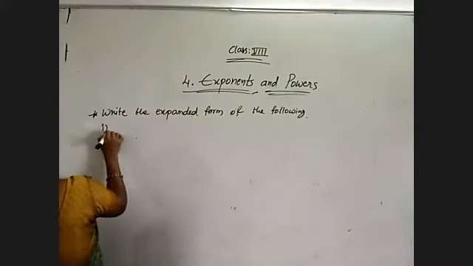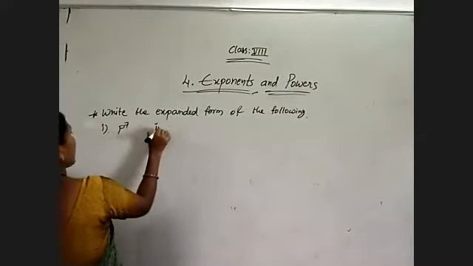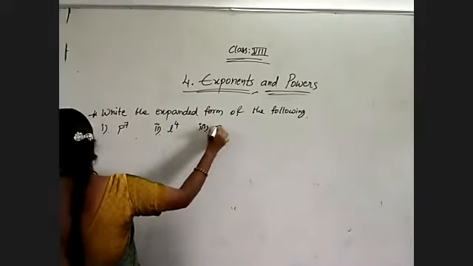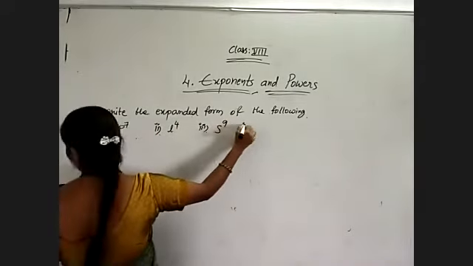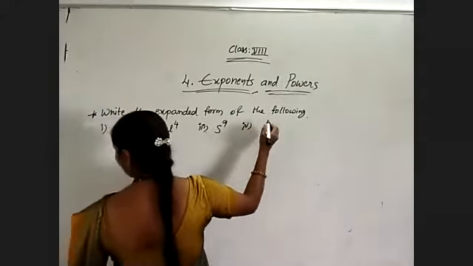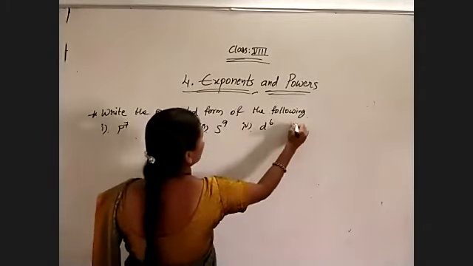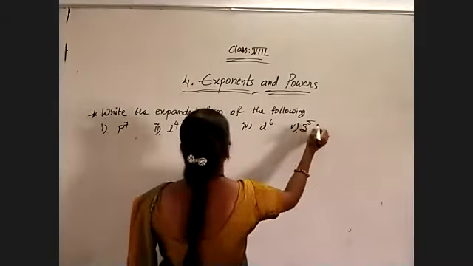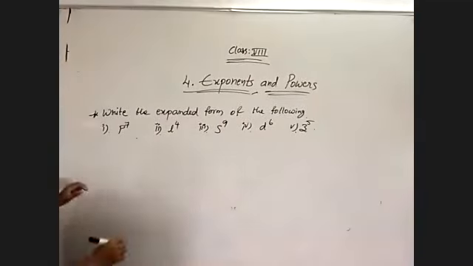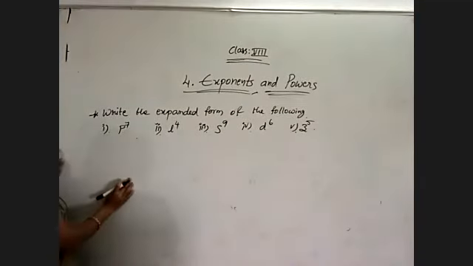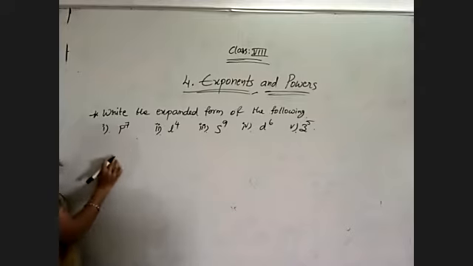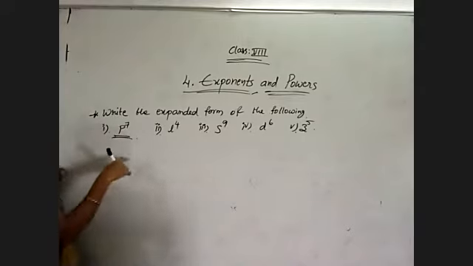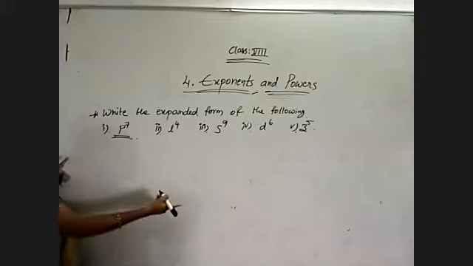First one is 3 power 7, second one is n to the power of 4, and third one is s raised to the power of 9, d raised to the power of 6, z raised to the power of 5. Now, write the expanded form. They are giving the exponential form. We need to write the product form. When product form is given, we must write the exponential.